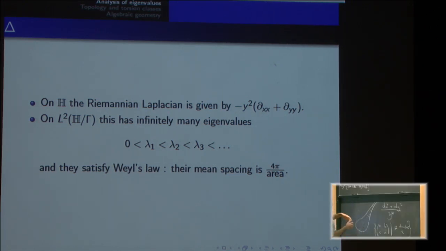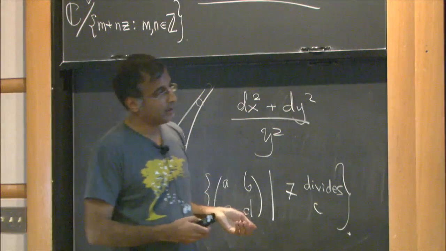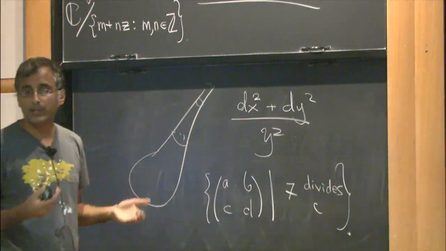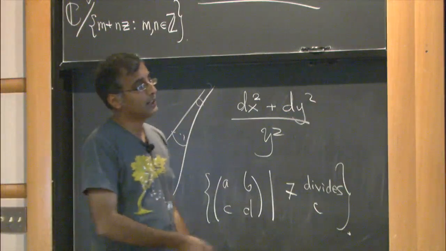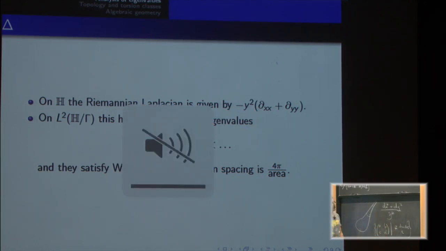A priori, there's something subtle about this because it's a non-compact manifold, but they behave as if it were compact, as if it were a planar domain or a compact manifold. Their spacing is 4 pi over the area, which is what Weyl proved is true in the compact case.